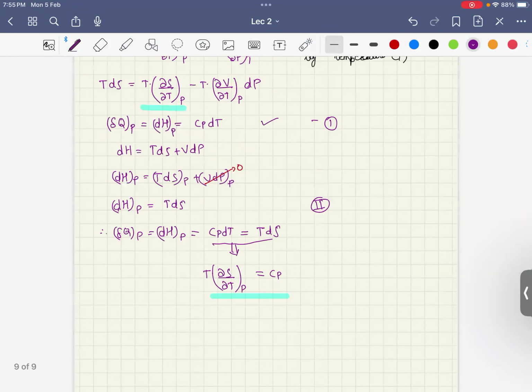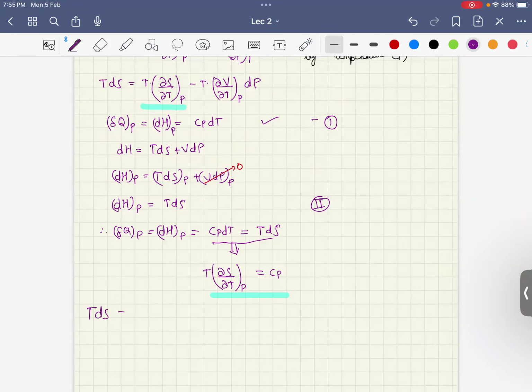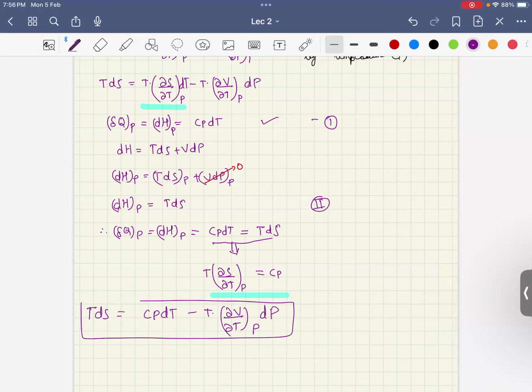So what we have is TdS is equal to Cp dT minus T into dou V dou T at P dP, right? This is our second TdS equation.